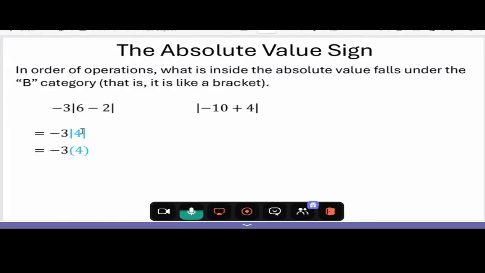But what happens to this blue part is you say, what is the absolute value of 4? In other words, make it positive. Well, it already is positive, so you don't change it. 4 is 4. The -3 out front just stays there. And now you work out the rest of it. I have -3 times +4. A negative times a positive gives a -12 for an answer.